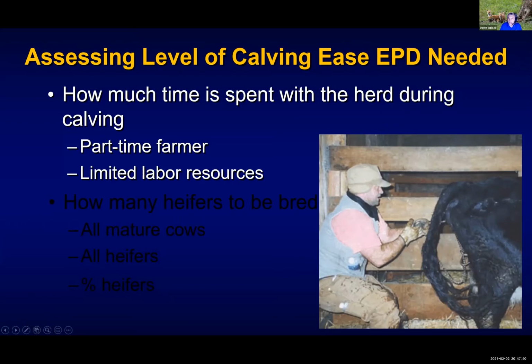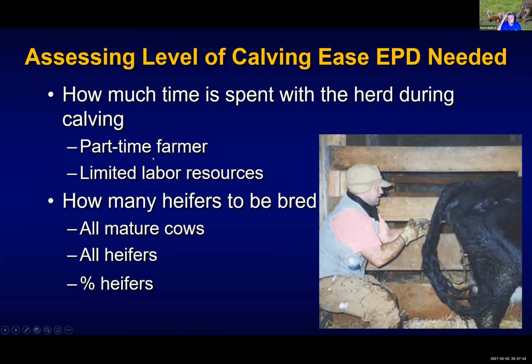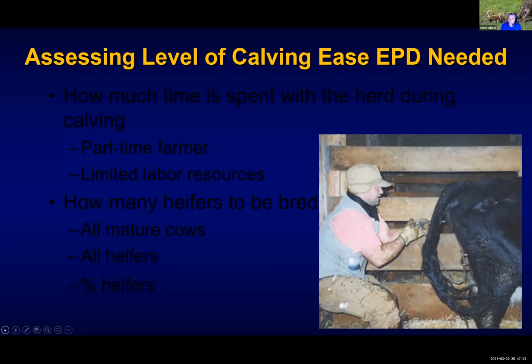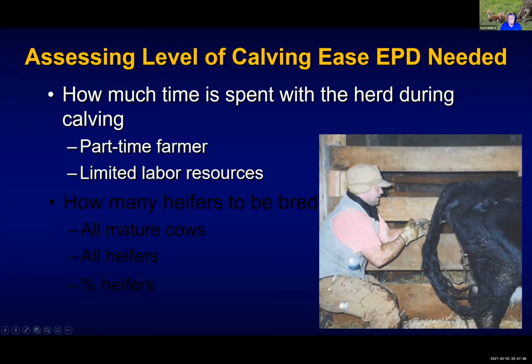But for a lot of you guys that are part-time farmers and aren't able to be with the herd for most of the day or even at night, you're only able to look at them during calving season a few times. You might not get this opportunity, and what you end up with is a dead cow and a calf.